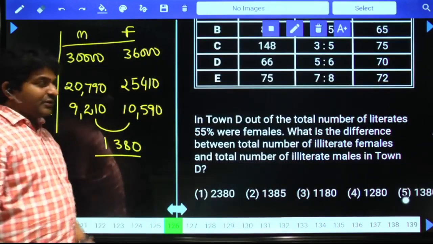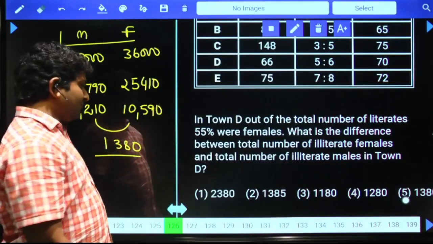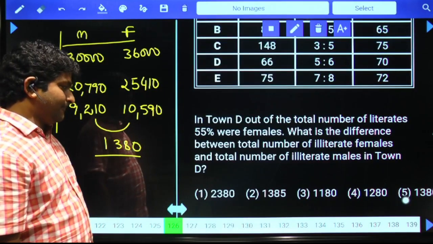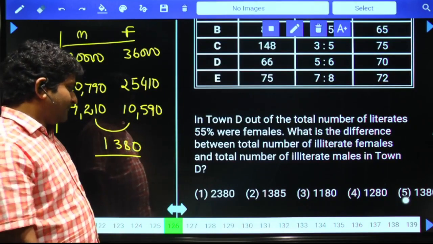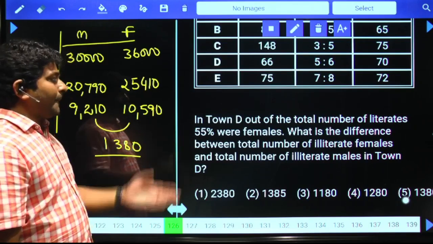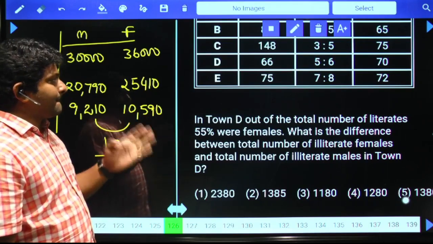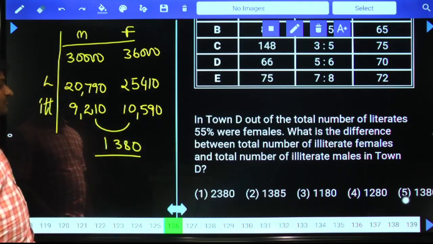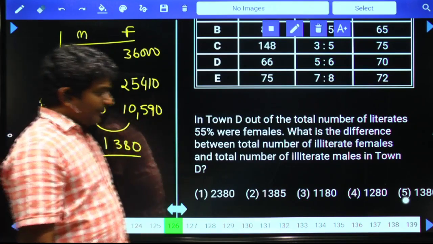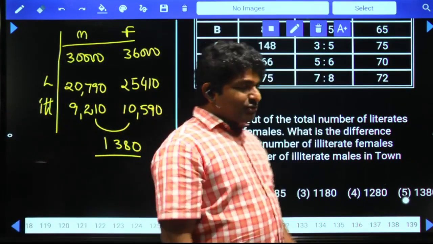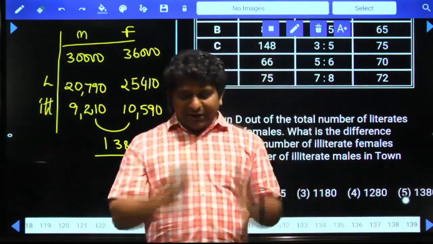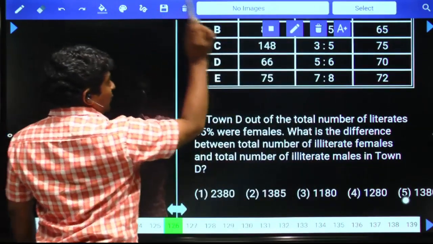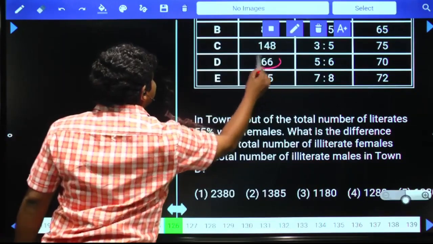Fifth option. So simplification took a little bit of time, but here you don't have to solve this much simplification. To cut it down, there is another logic. Let me tell you that. Total number is 66.